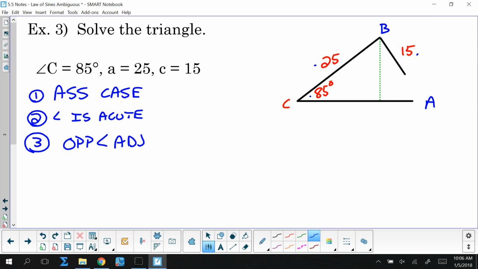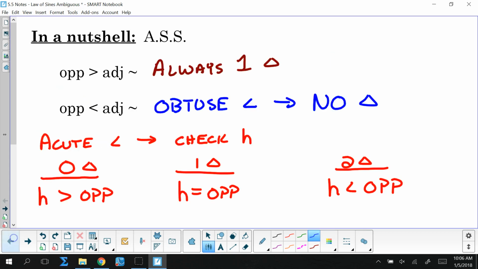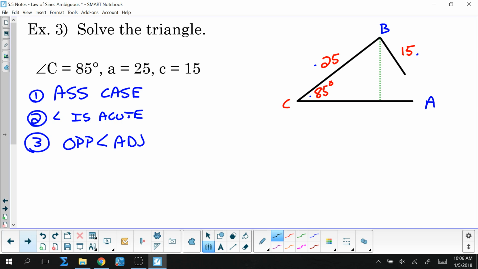So going back to my nutshell page, I've got an acute angle in the angle-side case where my adjacent side is longer than my opposite side. That means I'm down here in the red, correct? So I need to first check my height. Let's check our height.